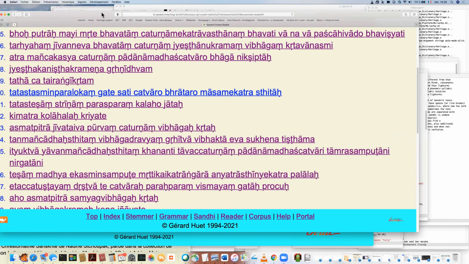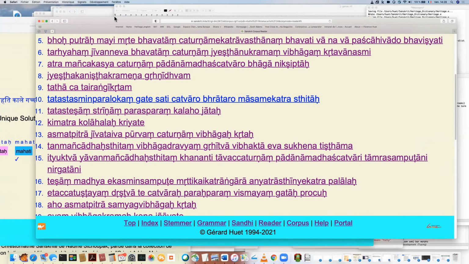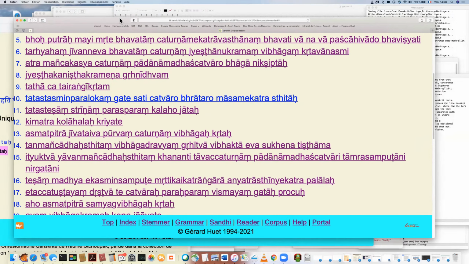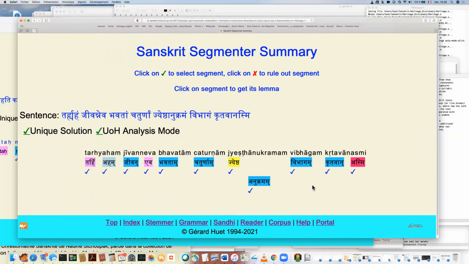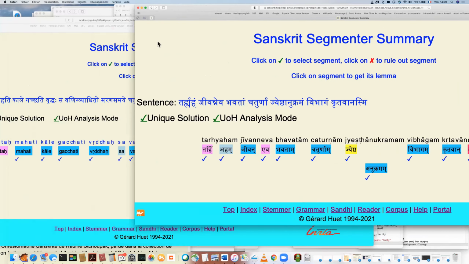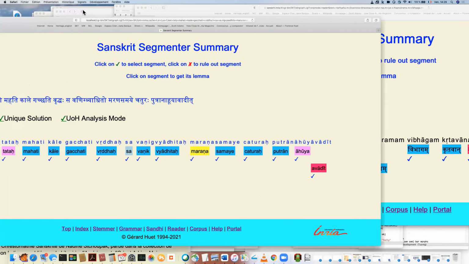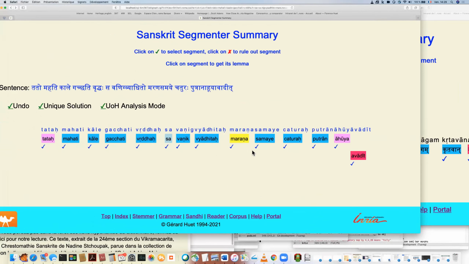So I guess I will stop this exercise here. We have done five sentences. So what I propose is that you read the sentence slowly and you look up the dictionary until you understand. Or else, if you're already acquainted with all the vocabulary, you just go quickly through the story. And then when you have understood the story, you get it as an exercise in order to get the correct segmentation.